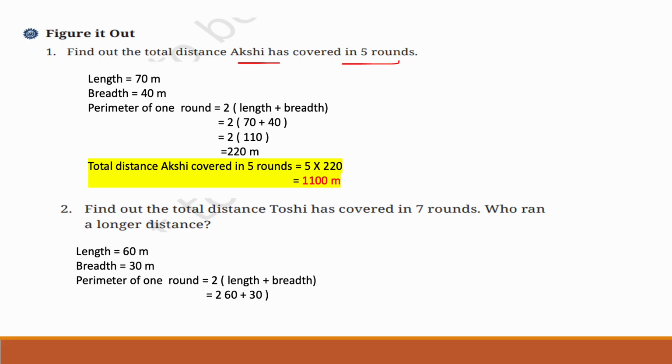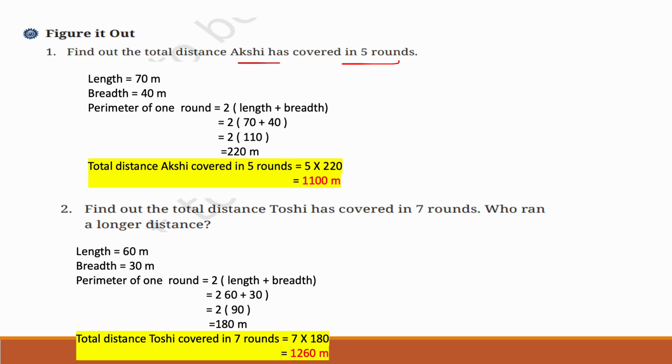That is 2 into (60 plus 30), that is 2 into 90, which is equal to 180 meter. So the total distance Toshi covered in 7 rounds is 7 into 180. That is 1260 meter. Therefore, Toshi ran a longer distance than Akshi.